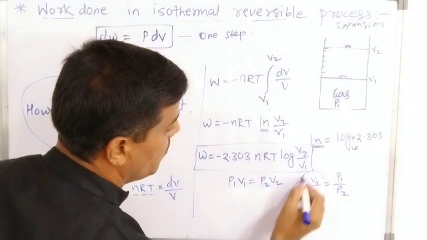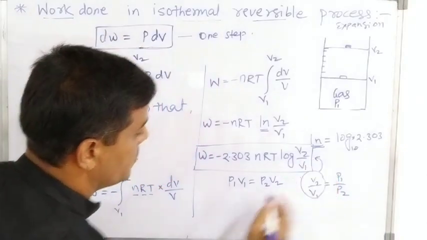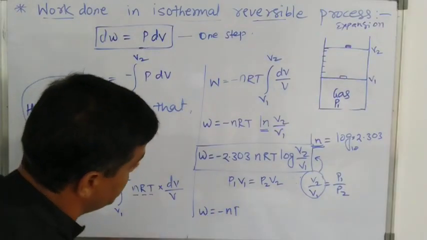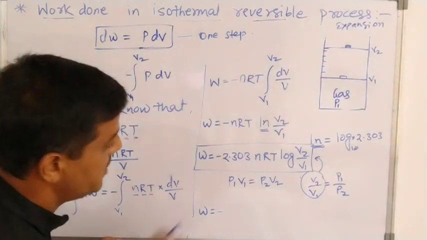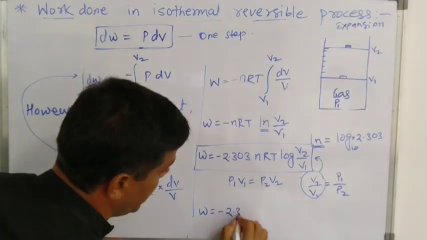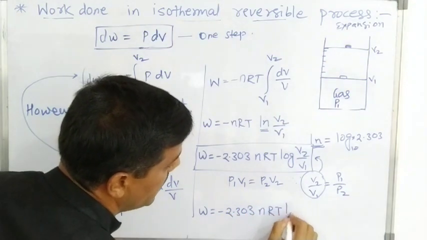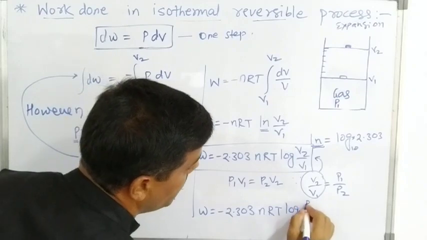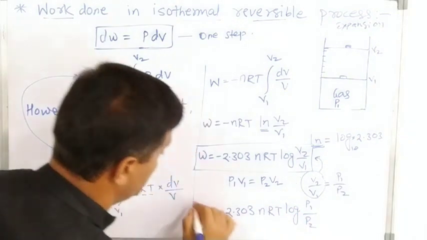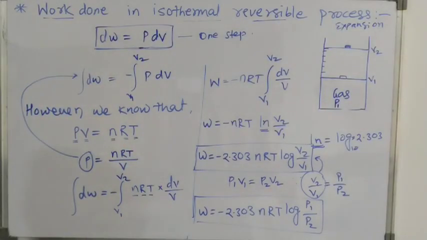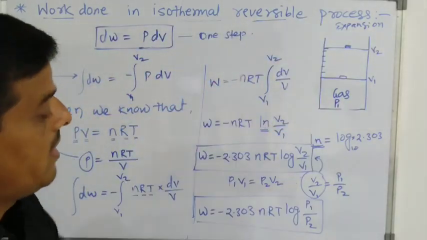If we put the value of this V2 in this equation, then we get W is equal to minus 2.303 nRT log of P1 upon P2. This is another equation for the maximum work done in isothermal reversible expansion.